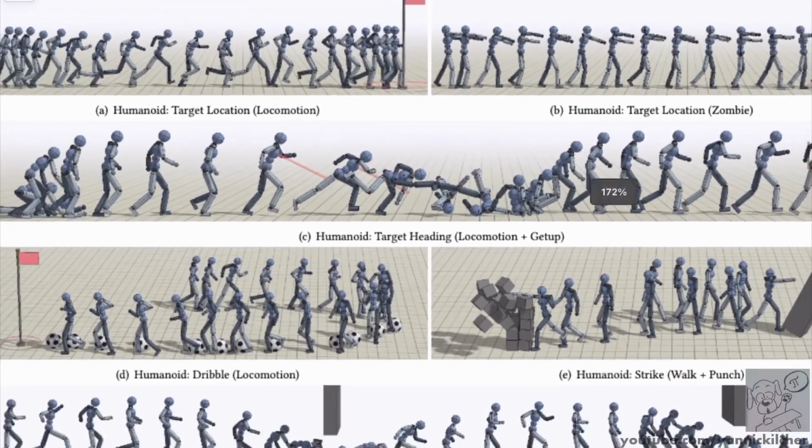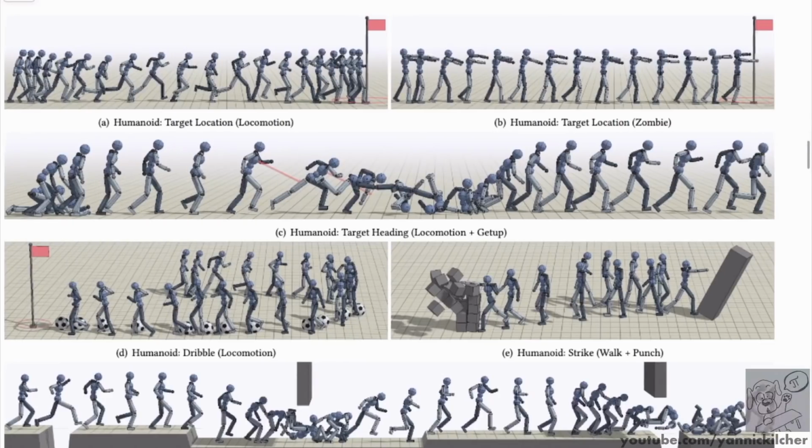In this one right here, at least what they describe in the text, what they have in the data set is demonstrations of walking and demonstrations of getting up from the ground. And so the agent learns that whenever it falls over right here, it can get up faster if it does this rolling motion right here.